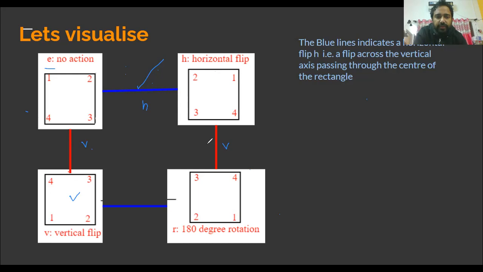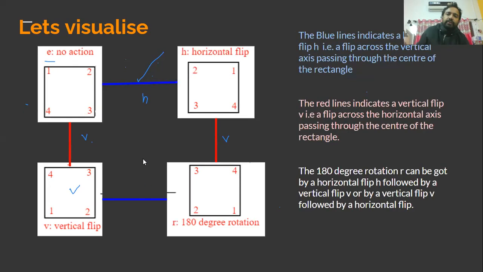And the same happens on the right. And the red line indicates a vertical flip, that is a flip across the horizontal axis, passing through the center.